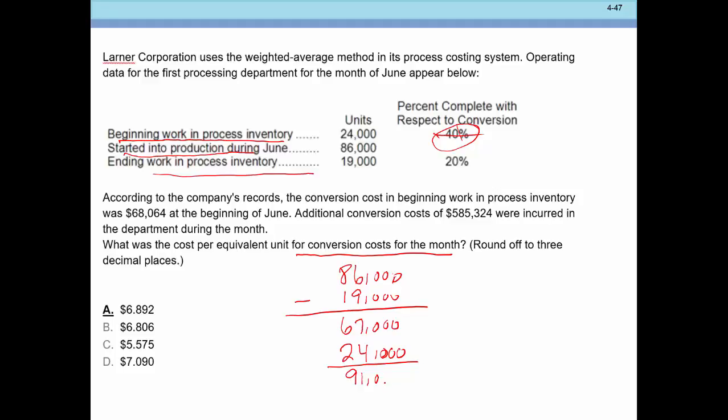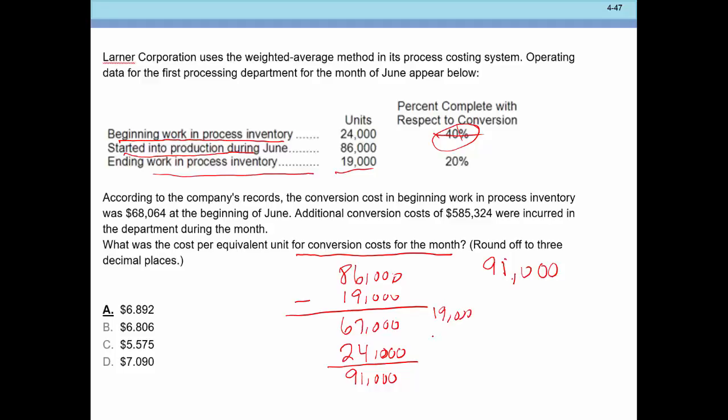Okay, so I had to work to get to that easy point in those other questions that were easier, where they just gave me that number. I had to work to get to that 91,000 that was completed and transferred out. Now I want to get my equivalent units, because I have to give myself credit for the items in ending inventory that aren't quite done yet, right? So I take that 91,000 and I add to it my equivalent units. How many items do I have in ending work in progress? 19,000.